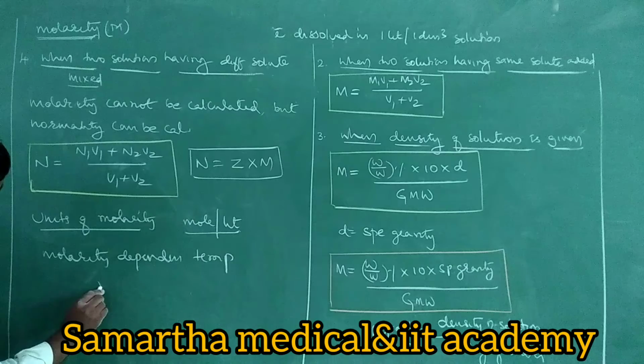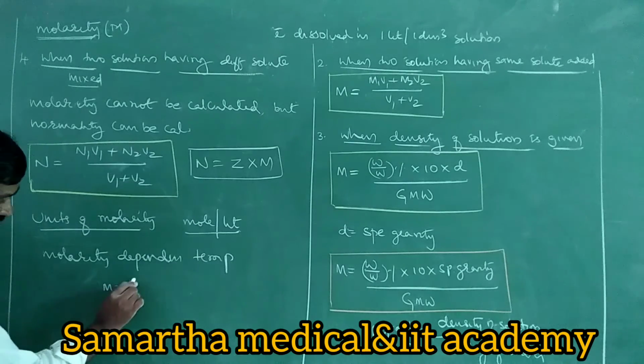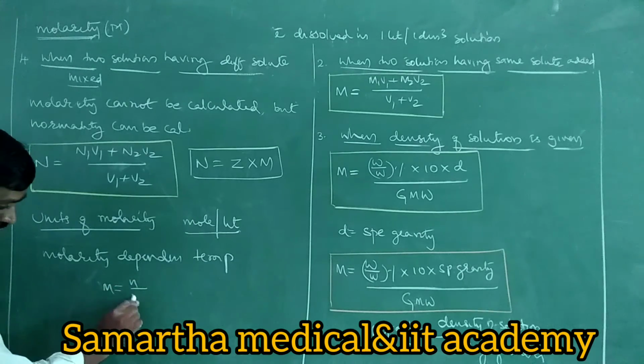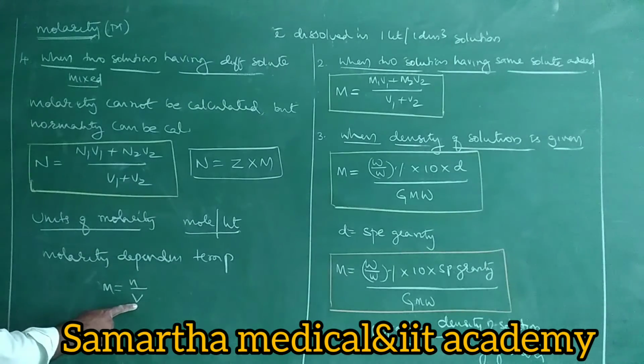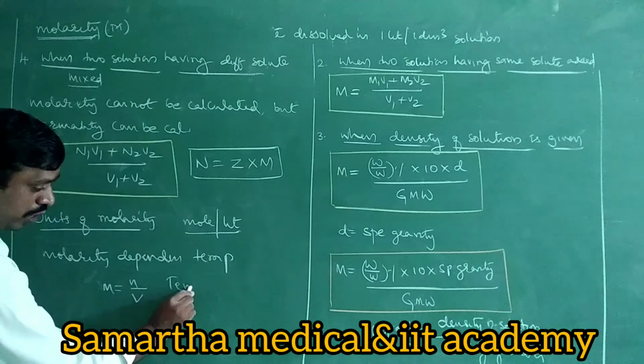How? We know that molarity M is equal to the number of moles of solute divided by volume V. Now, when temperature increases, volume increases, because temperature is directly proportional to volume.